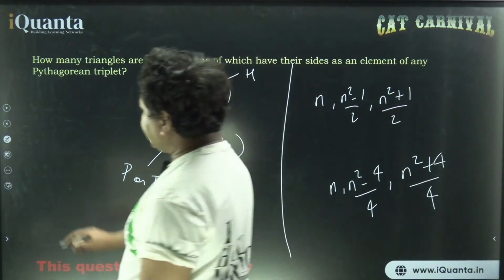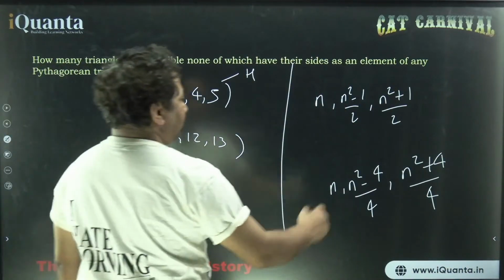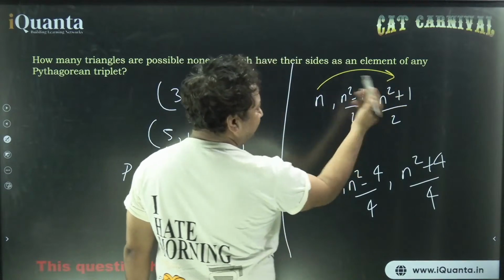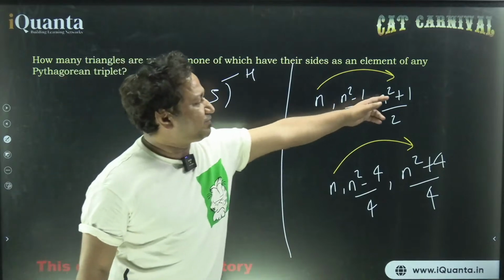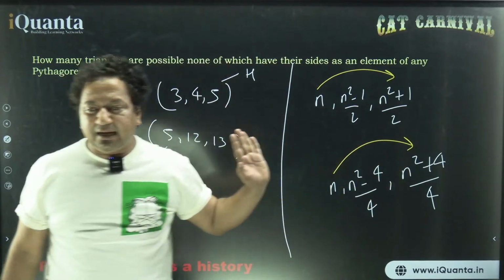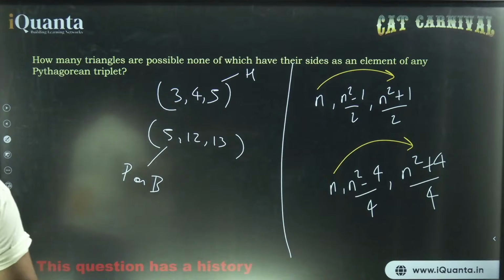What? That hypotenuse is a function of perpendicular or base. कि n के थ्रू हम (n square plus 1)/2 या (n square plus 4)/4 निकाल रहे हैं. We do not have a reverse relation.